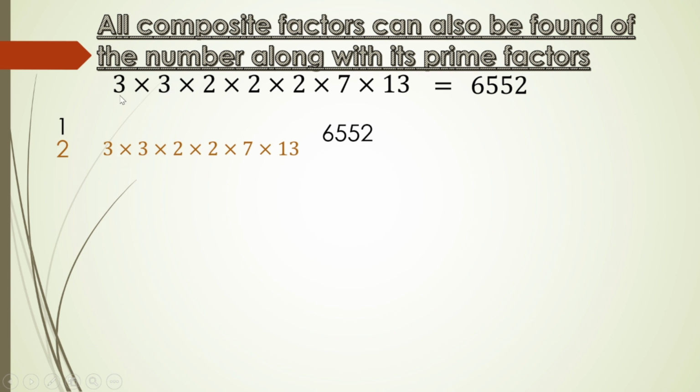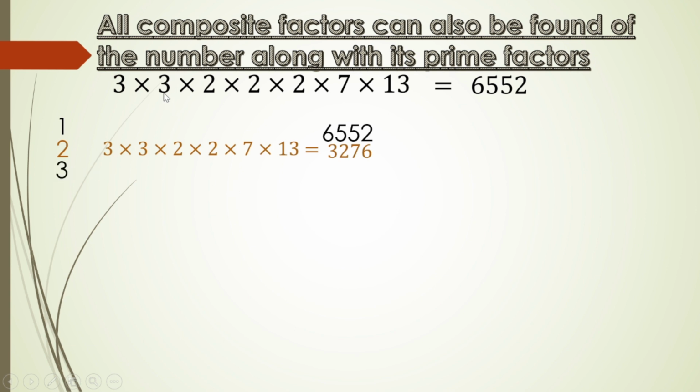Because 3 into 3 into 3 into 3 times 2 into 7 into 13 give you 6552. So 2 is a factor and the cofactor is 3276, which we got by multiplying the rest of the factors except 2.